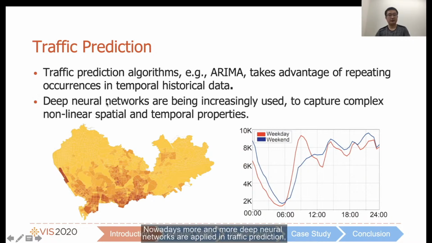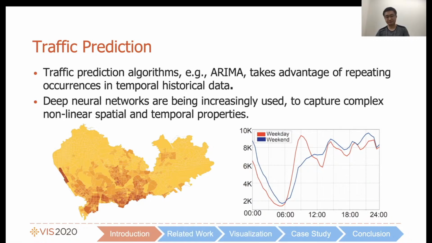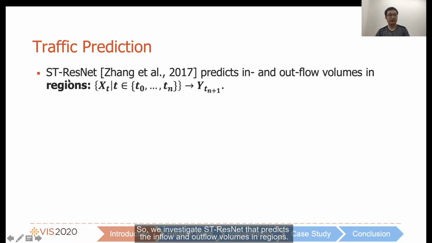Nowadays, more and more deep neural networks are applied in traffic prediction, such as to capture the complex nonlinear spatial and temporal properties. So we investigate ST-ResNet, which predicts the inflow and outflow volumes in regions.